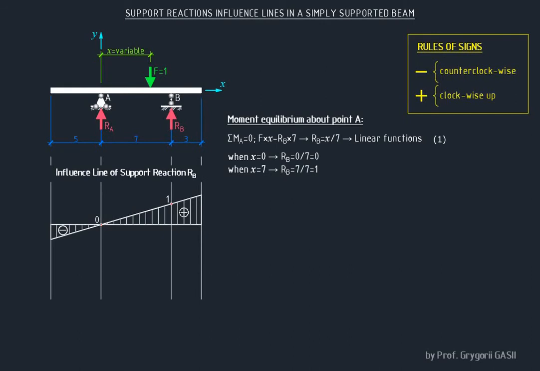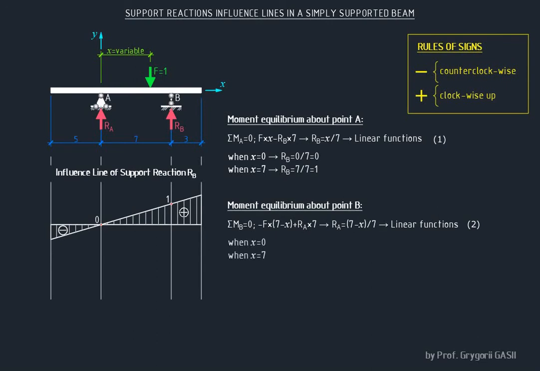Well, now let's write an equation for the moment equilibrium about point B to draw the influence line of the support reaction RA. As in the previous case, a linear function is obtained. To draw the influence line of the support reaction RA, it's also enough to determine the coordinates of only 2 points.